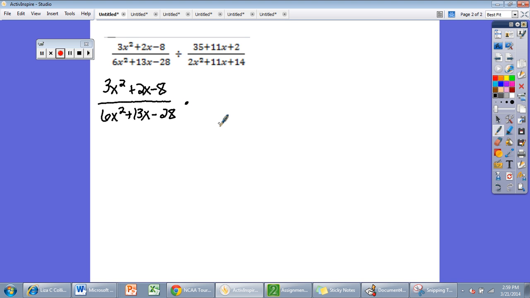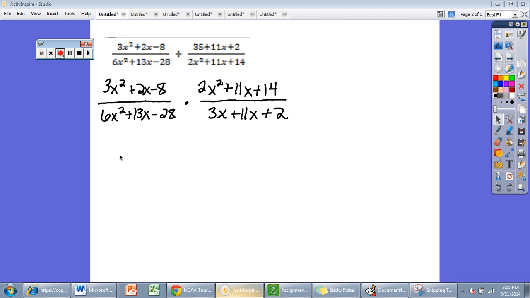But when you're dividing by another fraction, you're actually multiplying by the reciprocal. So we're multiplying by 2x squared plus 11x plus 14 over 35 plus 11x plus 2.